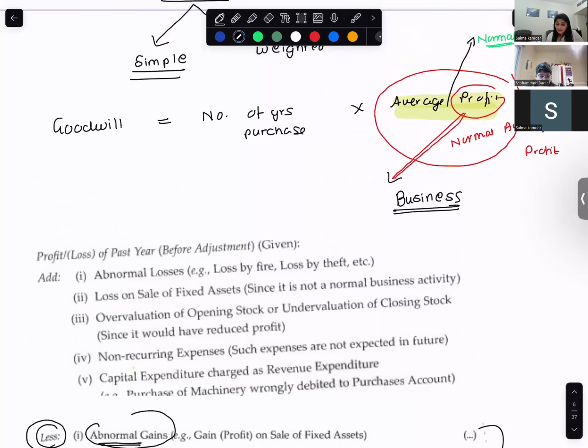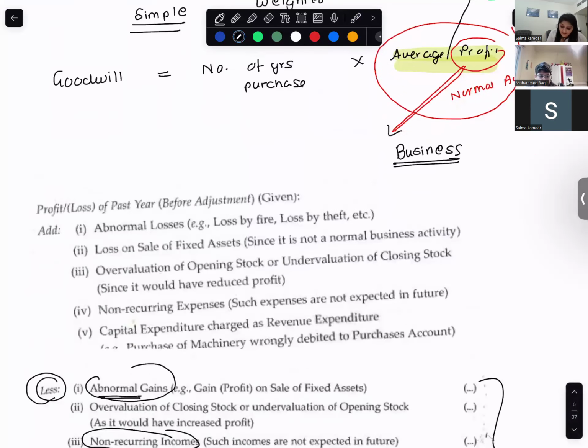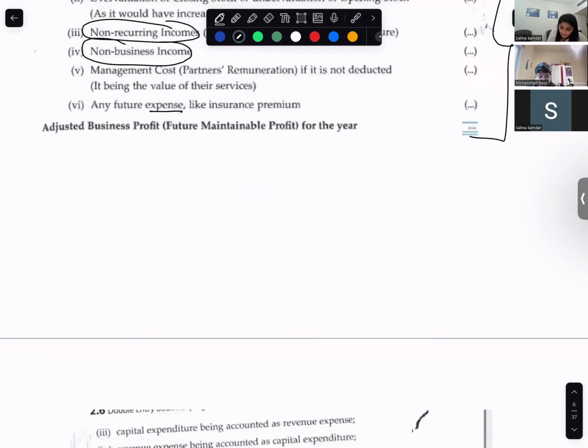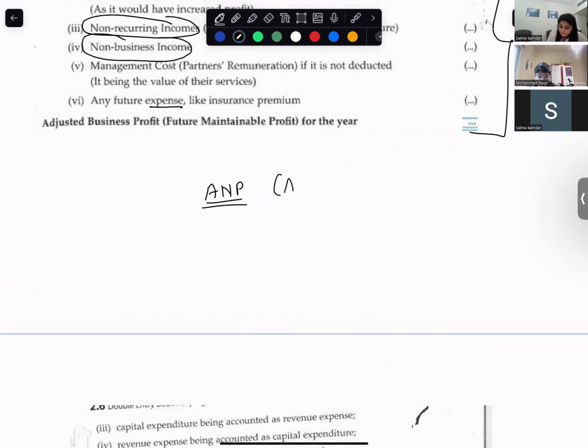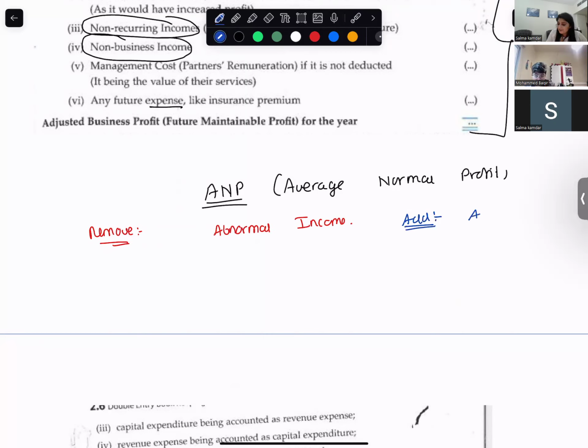So to get your normal profit, average normal profit, what will you do? We will remove abnormal income, and you will add abnormal losses.